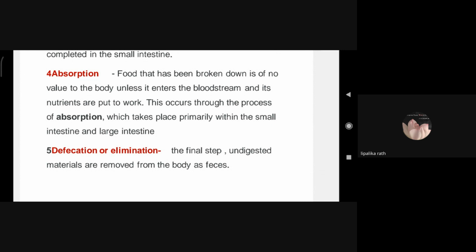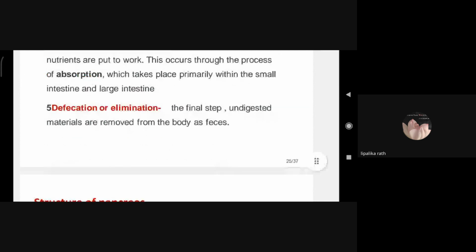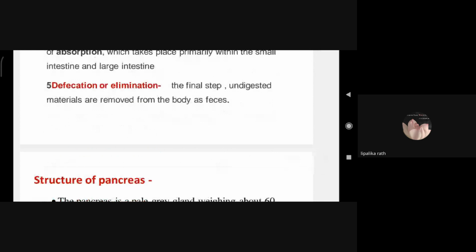Then after absorption comes defecation or elimination, the final step. Undigested materials are removed from the body as feces. Okay, so this is the complete basic process of digestion. I hope you get the concept.